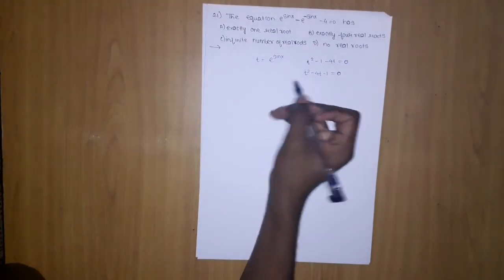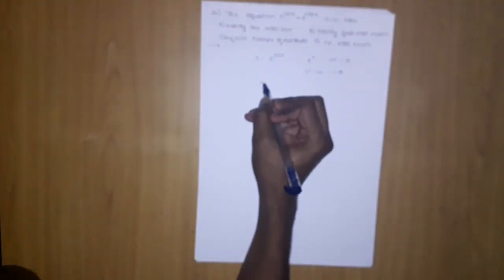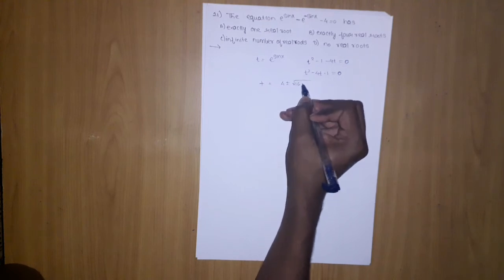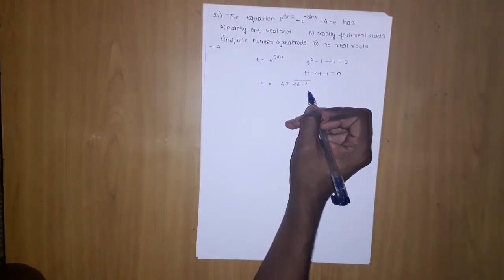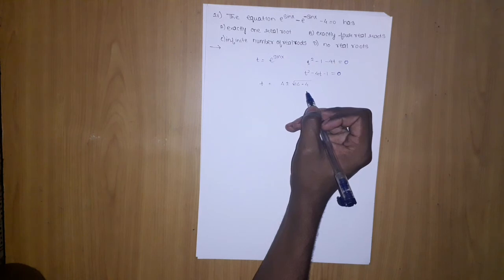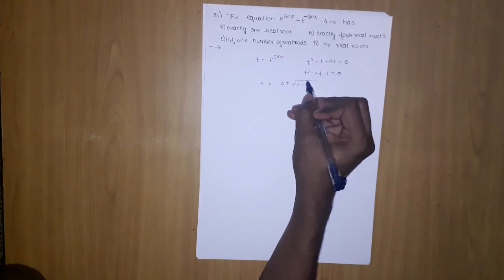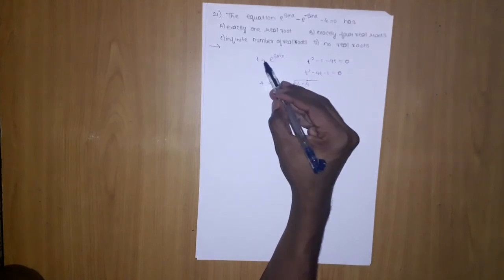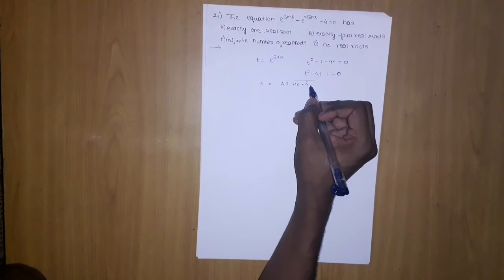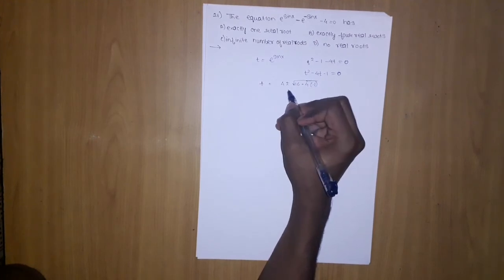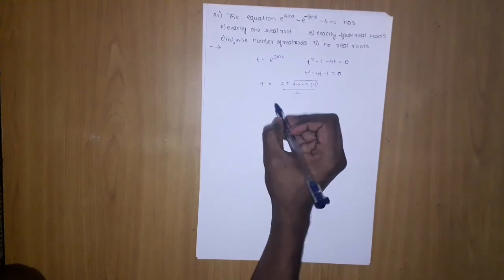Okay, now is it imaginary? By checking we can say plus minus under root 16 minus... Okay, no, it is not imaginary. Let's solve it and get the t value. t equals 4 plus minus under root of 16 minus 4 into minus 1, upon 2 into a, which is 1.